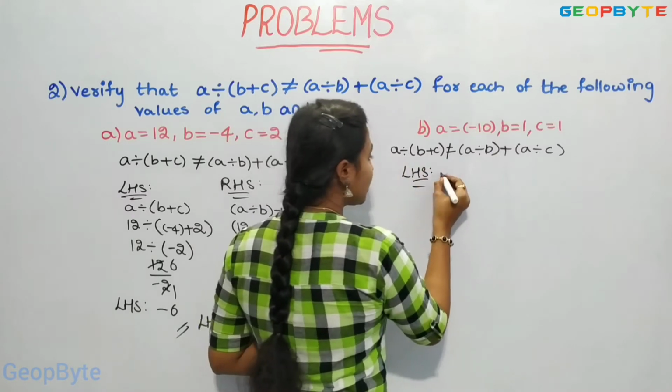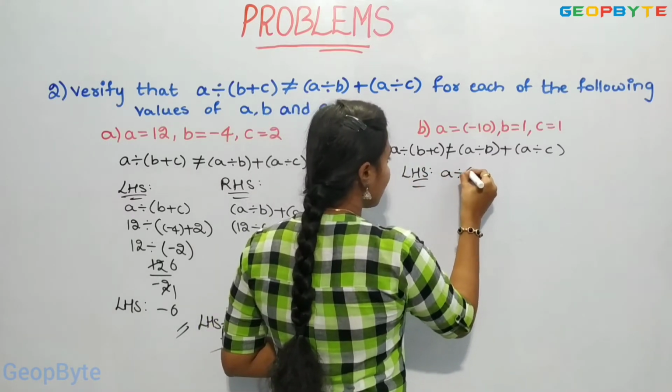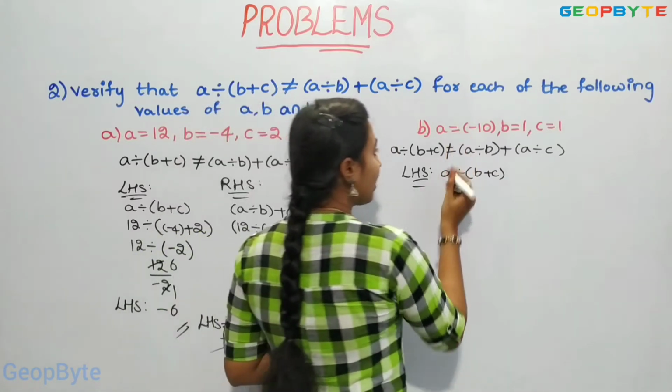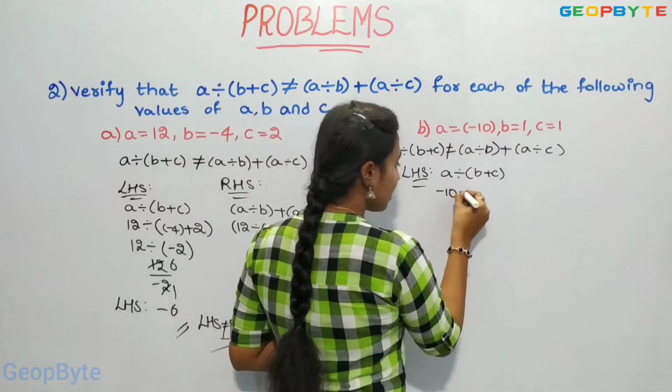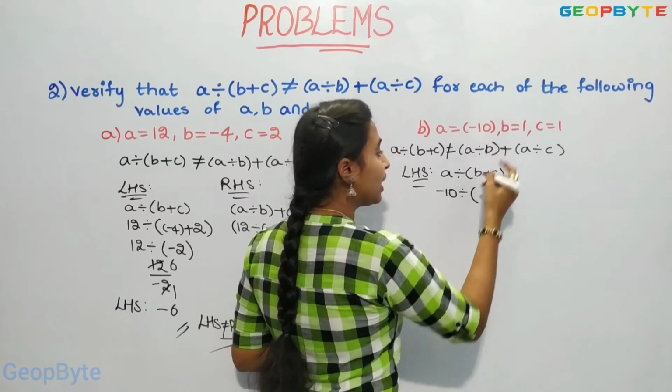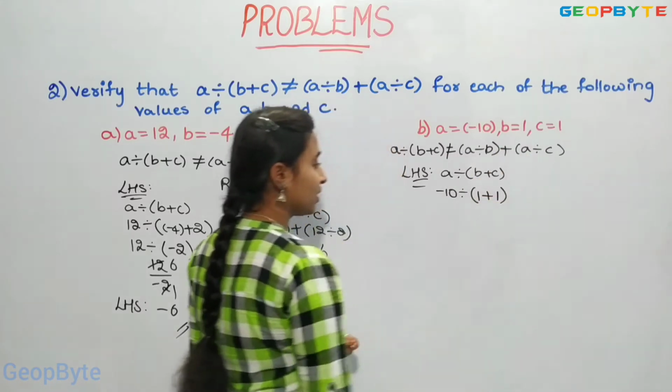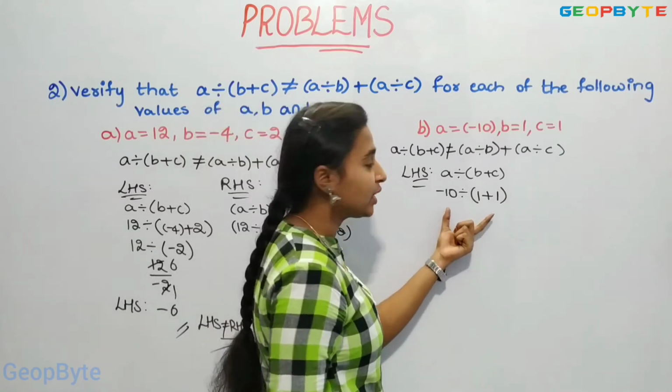We have LHS that is A divided by B plus C. We have A as minus 10 divided by B as 1 plus C as 1. Now we have substituted the values.